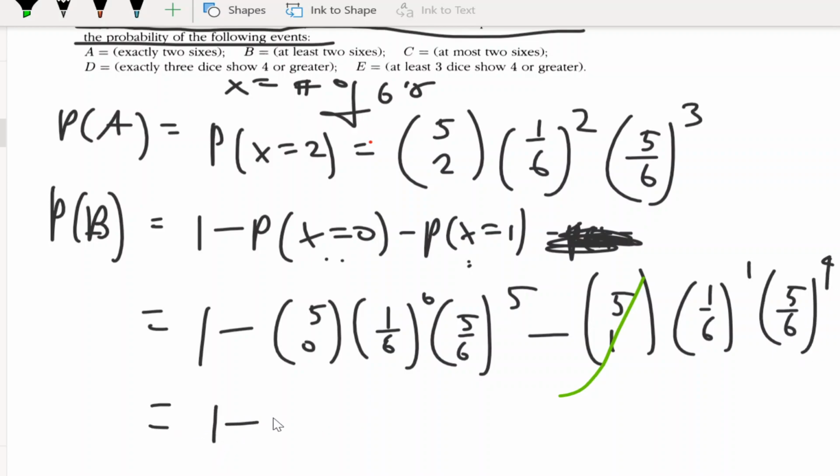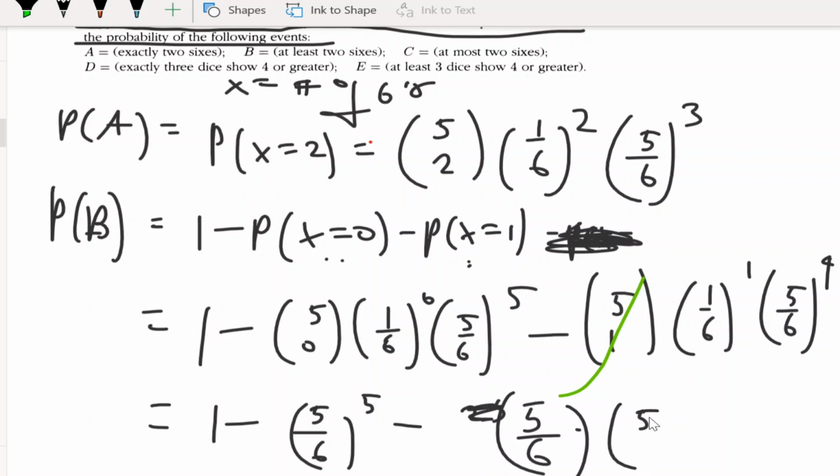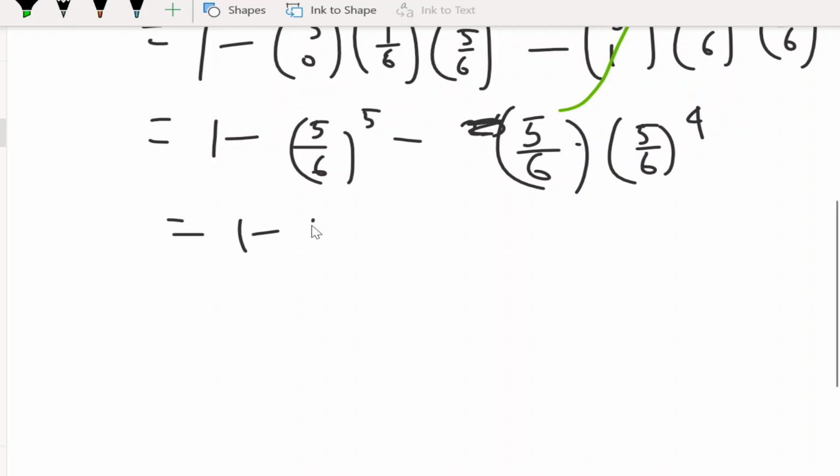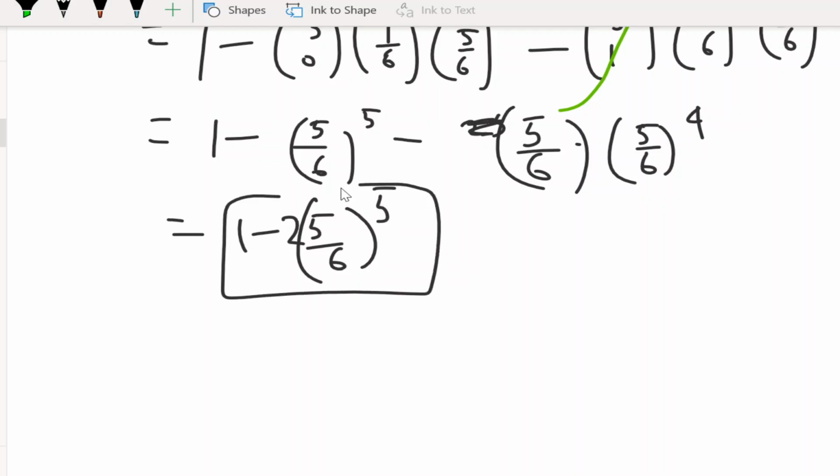Let's go ahead and simplify that. (5/6) to the 5th power minus 5 times 1/6 times (5/6) to the 4th power. Oh, so both of these are (5/6) to the 5th power, so it'd just be 1 minus 2 times (5/6) to the 5th power. Okay, cool. That's our answer for P of B.